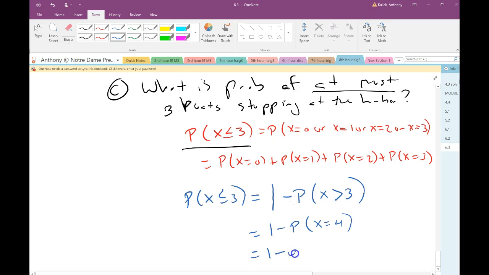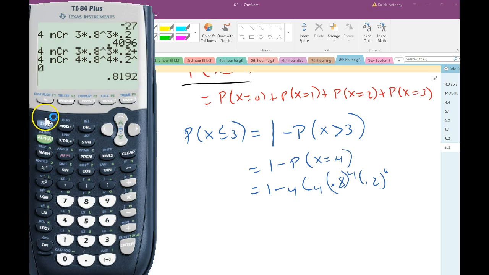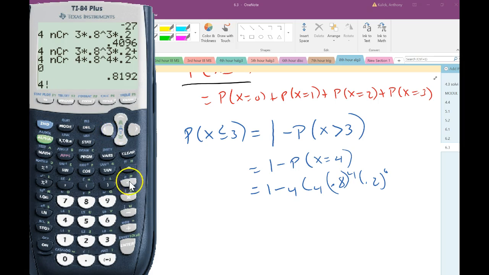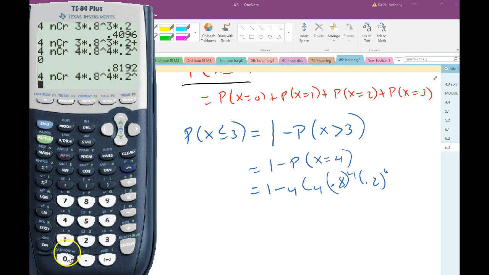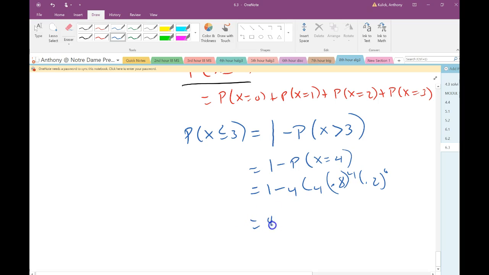That seems not quite as daunting, and that's much easier to type into my calculator. So if I pull that up and do 4 choose 4, times 0.8 to the fourth times 0.2 to the 0, I get about 41%. And I'm finished. That's basically the gist of it for this section.